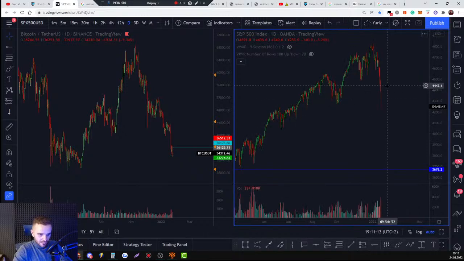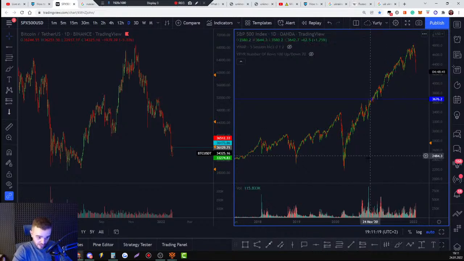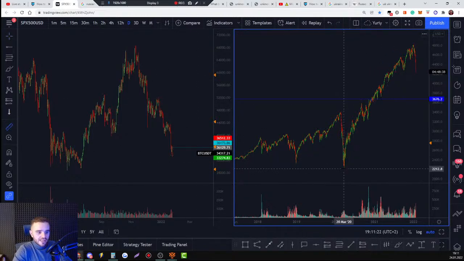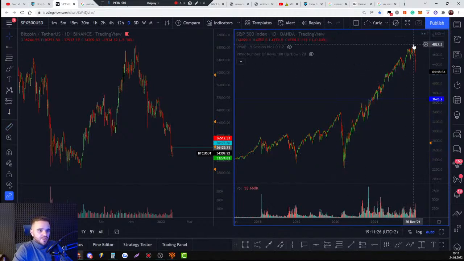Oh my God, take a look at this beautiful down candle. It's happening right now. But take a look at this massive rise, and after such a 119% rise, it's okay that S&P 500 is dropping. And do you see that when Bitcoin did this down cycle, S&P 500 did this massive rise? That means they have a correlation.